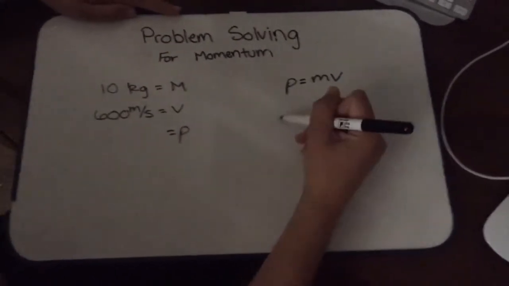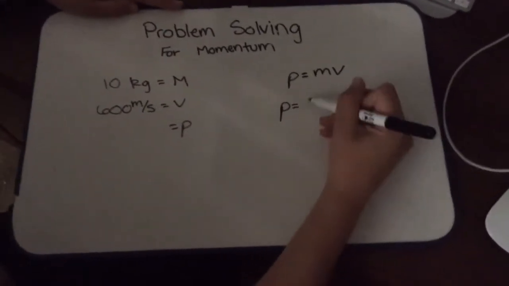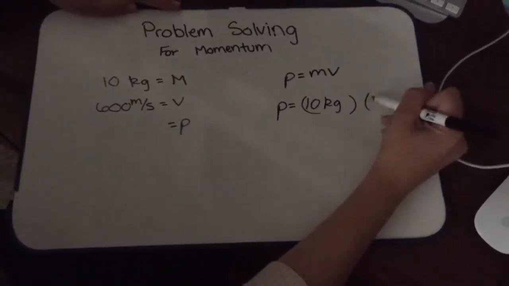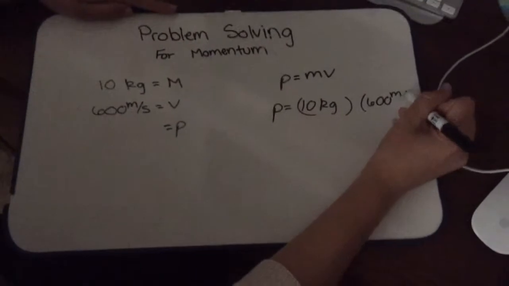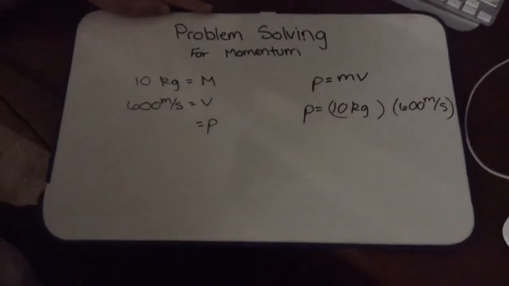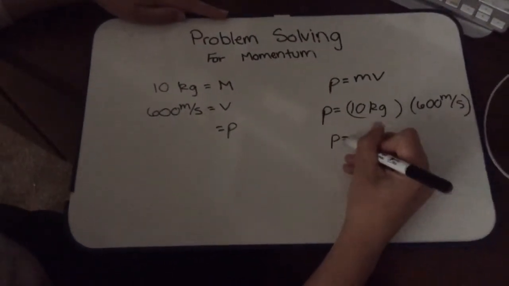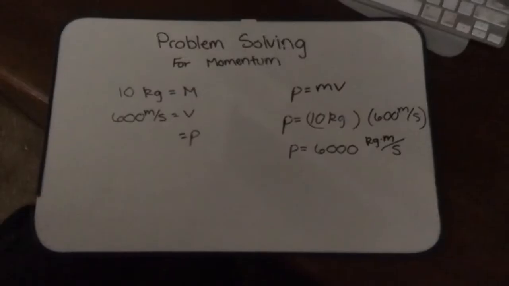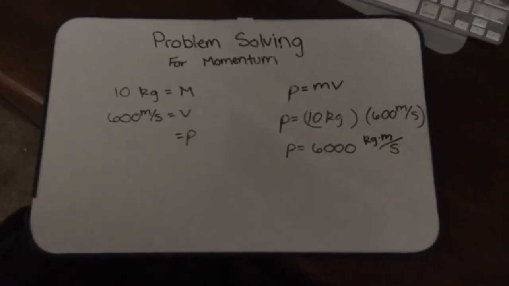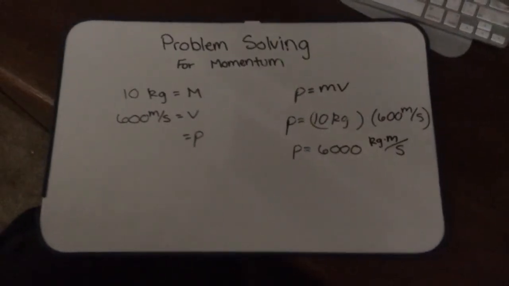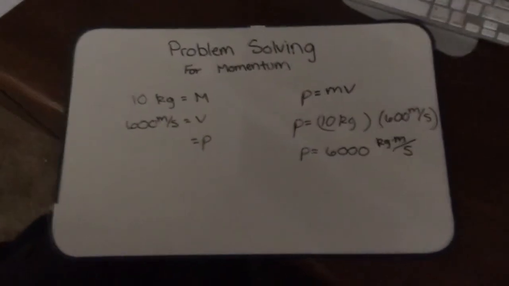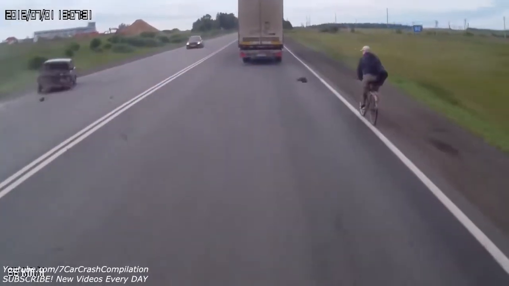So we plug in what we have, which is 10 kilograms multiplied by 600 meters per second, which turns out to be 6,000. So the units for momentum is kilograms meters per second. You can use this process to solving problems for collision.